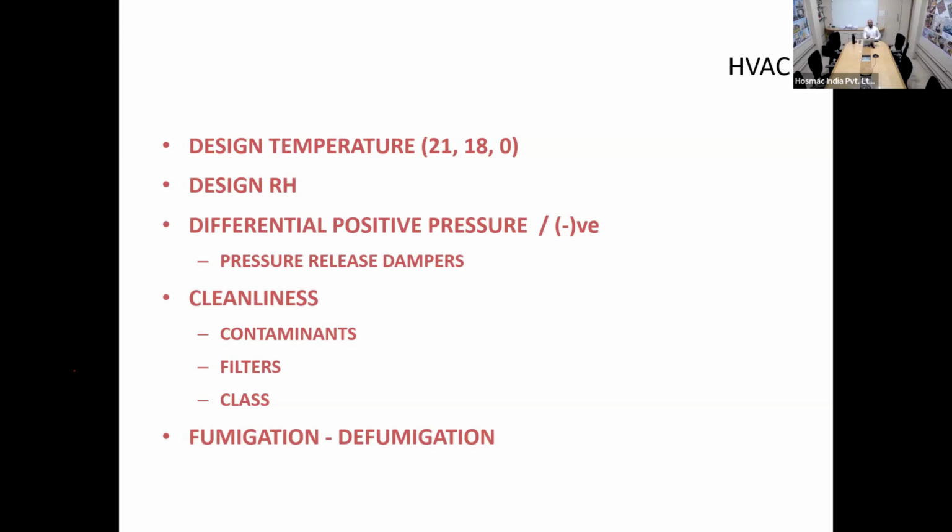The other important element is that we need to maintain positive pressure inside the operating room, which is done very simply by pumping in more air than you take out of the system. So differential positive pressure is something that you need to plan for. Now, when you plan for it, your air conditioning system will ensure it, but you also need to ensure that the system allows you to monitor it on an ongoing basis.